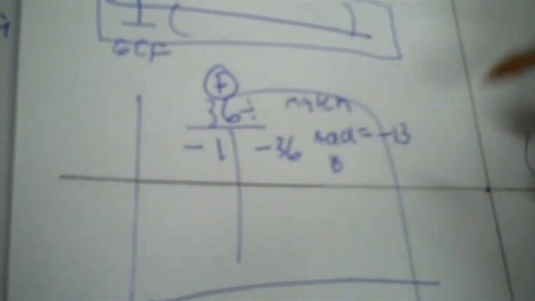So 36 divided by 1 is 36. Add those, it's negative 37. That's the wrong pair. Okay. 36 divided by 2 is 18. So you put 2, 18. The number you divided by, the answer you got. That adds to negative 20.